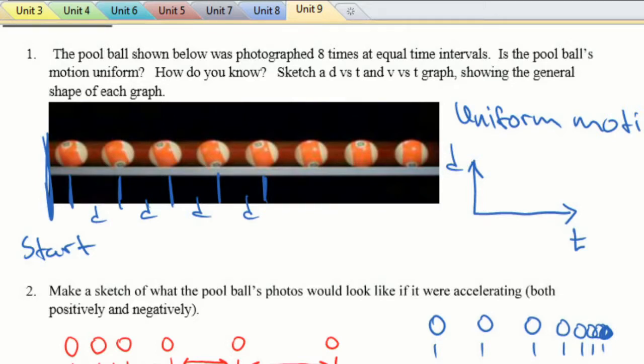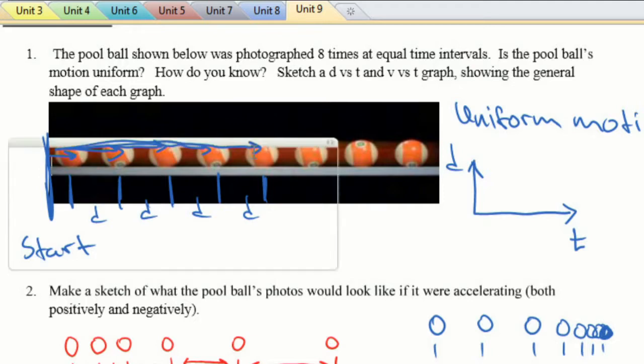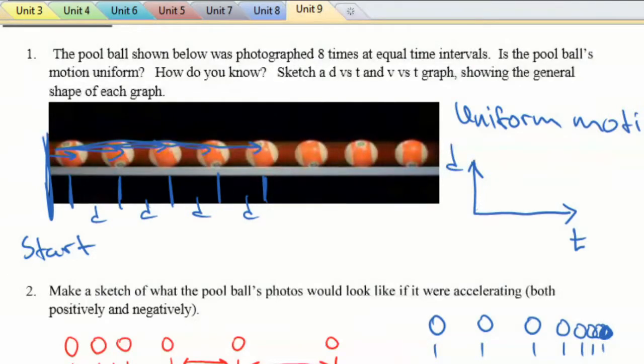Well, it looks like it's getting further away. So each time the light flashes, it's gone a little bit further. So that means my distance is increasing. So I started at some point, we'll call it 0, and then as time goes on, the distance is increasing. So if I were to sketch a graph, it would look something like that.